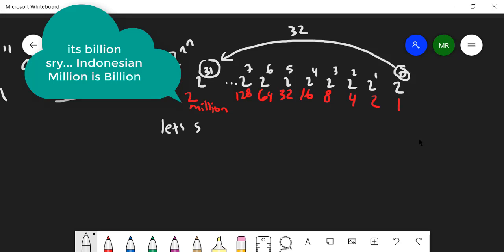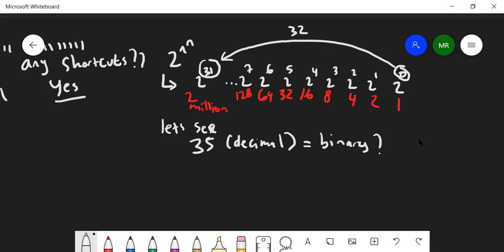And let's see if I have 35 in decimal. What number should we write in binary? Here's the calculation for converting decimal to binary. 35 minus 128 and minus 64 is surely a negative output. So the closest one we can use with a positive output is 32. 35 minus 32 equals 3, and this 3 surely has a negative output if matched with 16, 8, or even 4.